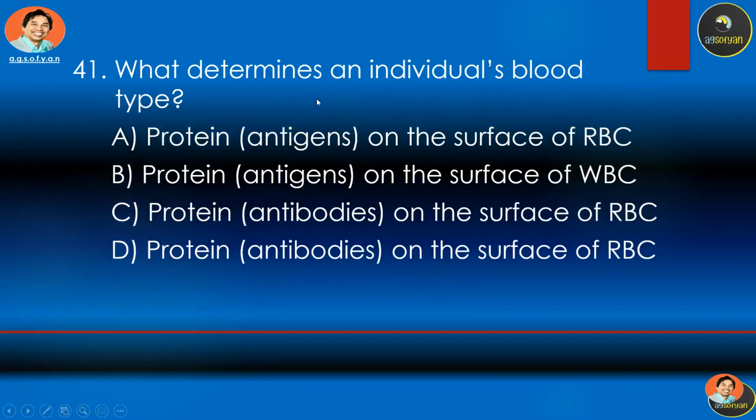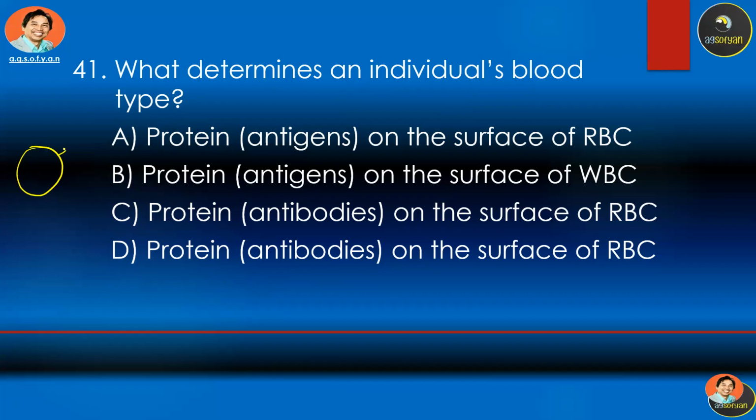What determines an individual's blood type? A, B, C, or D? Okay, so really easy. There are antigens carried by the red blood cell. And this is the one that will determine someone's blood type.